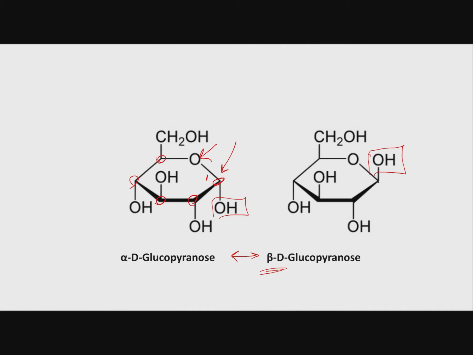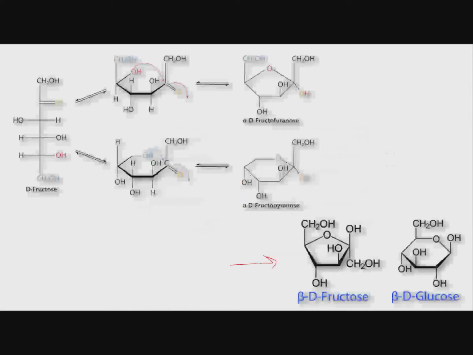Okay, I want to go back to this real quick. So fructose is one of these that can actually form 2 different ring structures. When it forms a pyranose or six-membered ring, it would look like this. When it forms a furanose or five-membered ring, which is what fructose tends to do, we see it like this.